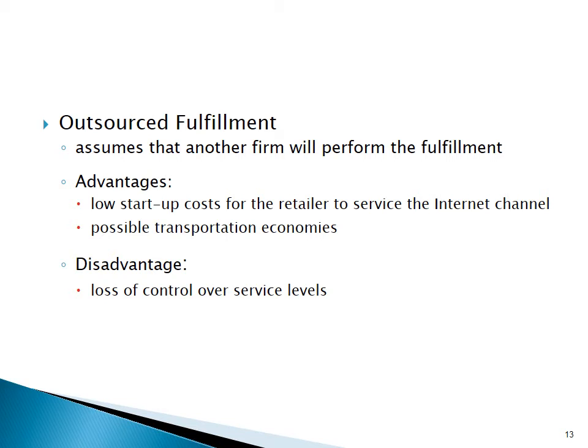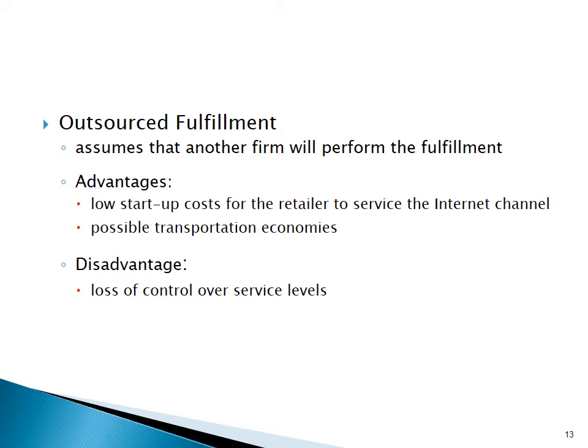Again, this is an example of 3PL, because the logistics service of distribution shipment is being handled by somebody else. So the advantage is low cost because you don't have to invest in that distribution center. Possible transportation economy, because it can be located at a very convenient location based on the customer demand.